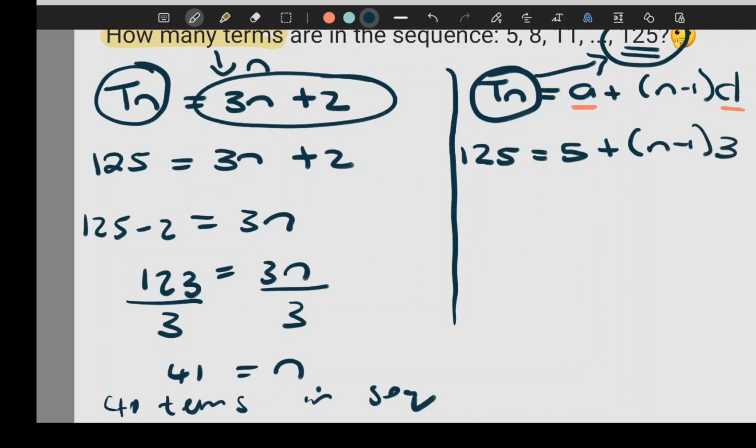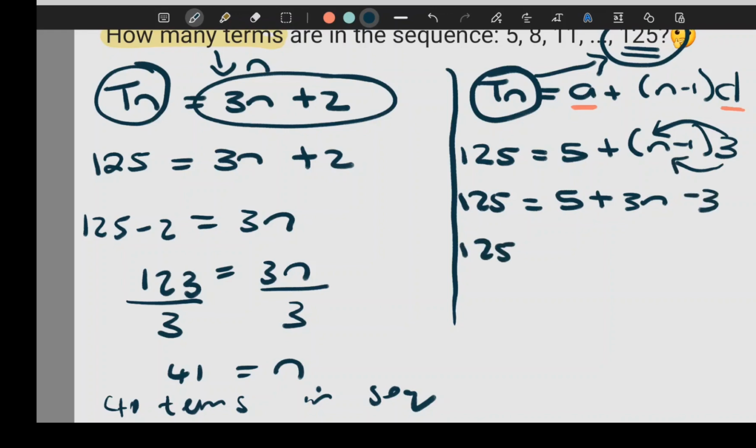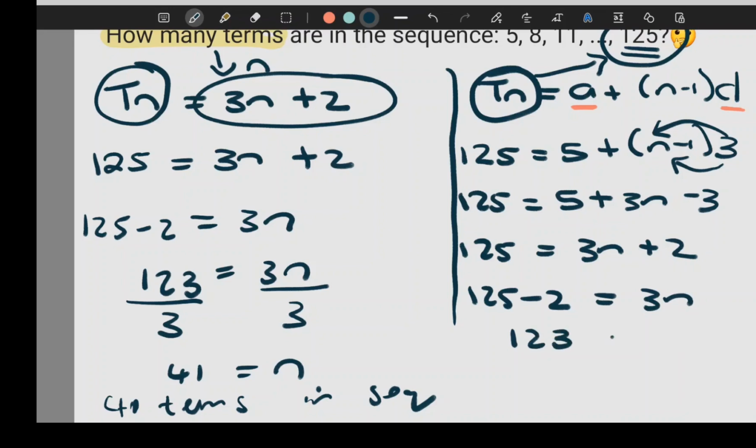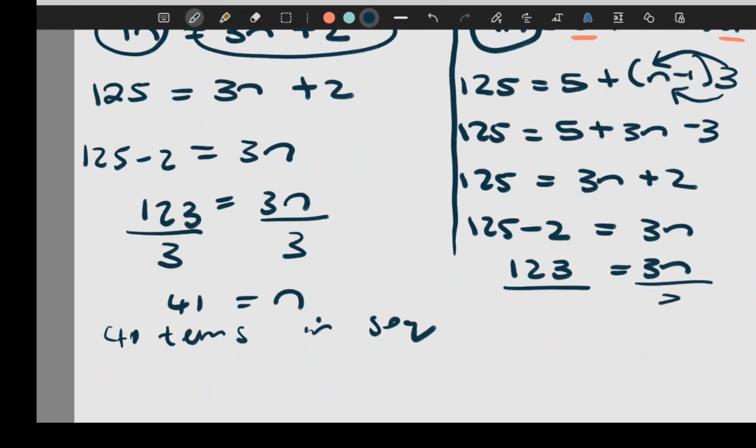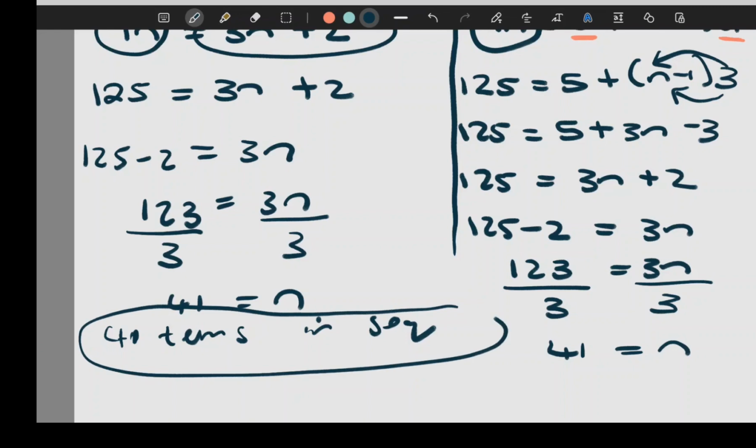D is 3. 125, 5 plus 3n minus 3. 125 is equal to 3n plus 2. There's the general term. And then 125, bring the 2 over, 3n, 123. Divide by the number in front of n. I get my n to be 41. There are 41 terms in the sequence.